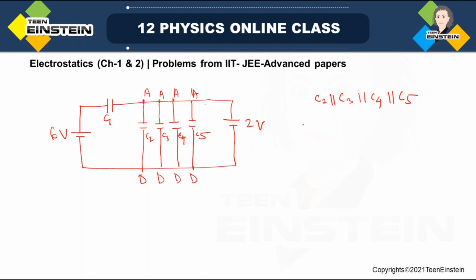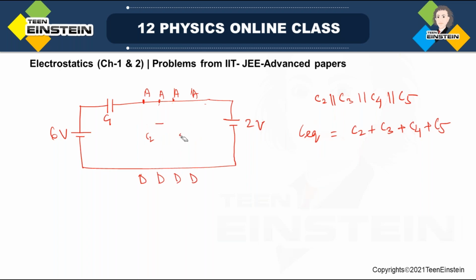So the equivalent capacitance will be, we'll just replace all those four by an equivalent capacitor having the capacitance C2 plus C3 plus C4 plus C5.